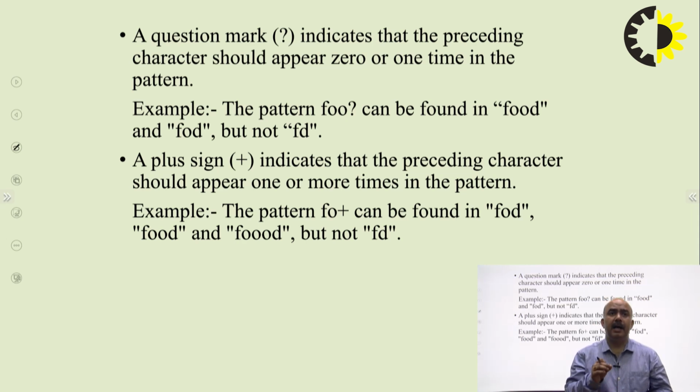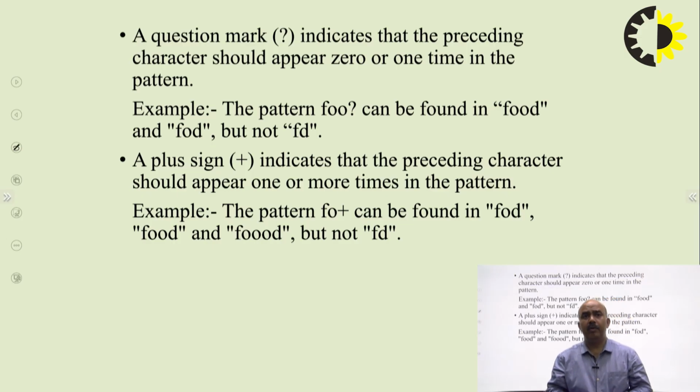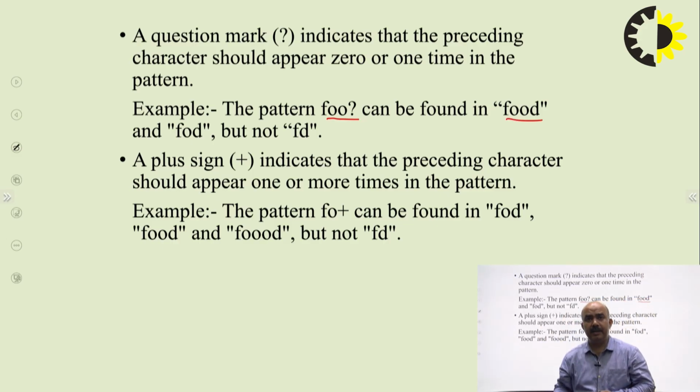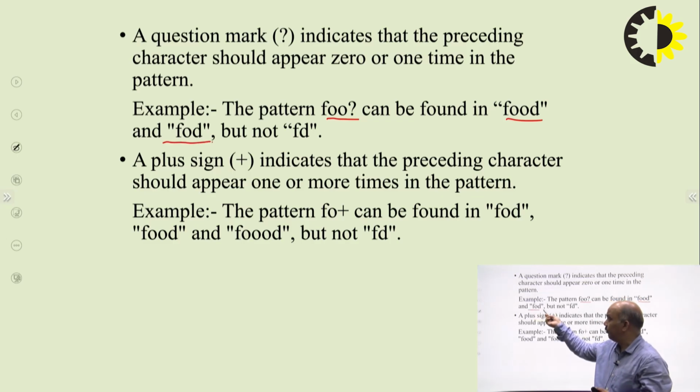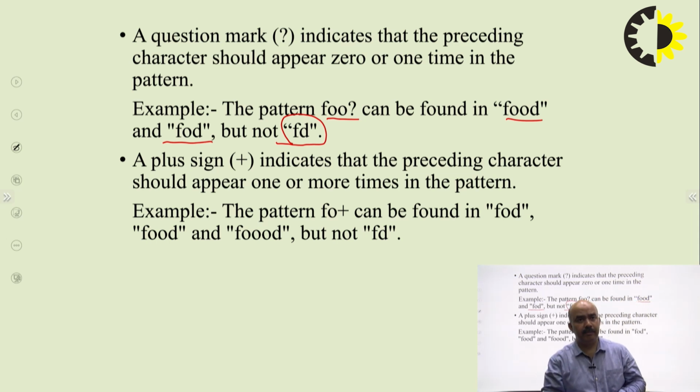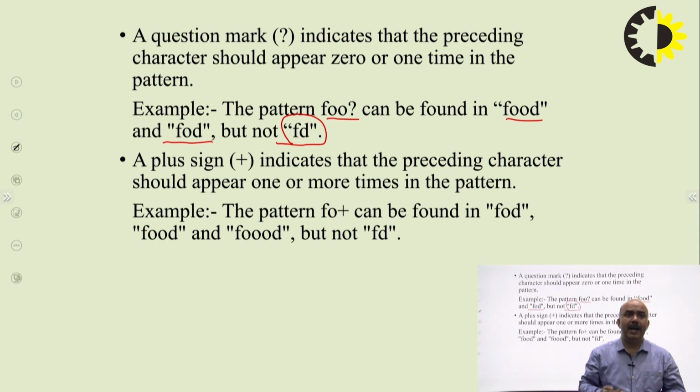In this example, the pattern FO? can be found in food, because it appears one time, as well as in fd, because it appears zero times. So the pattern must be there either zero or one time.